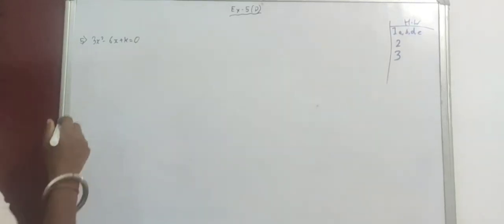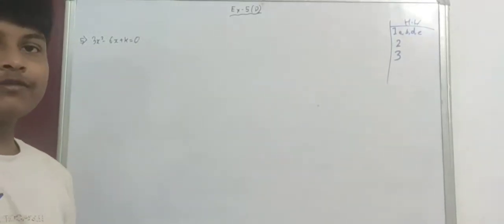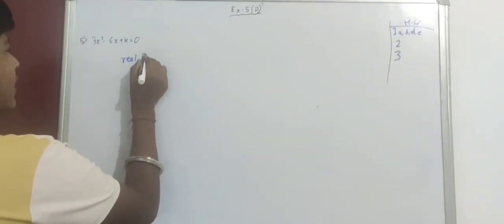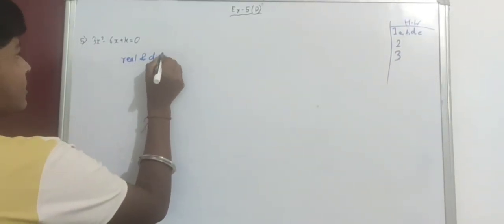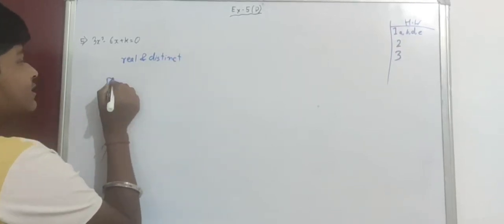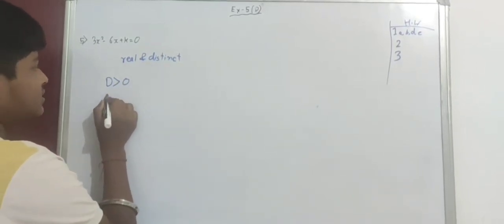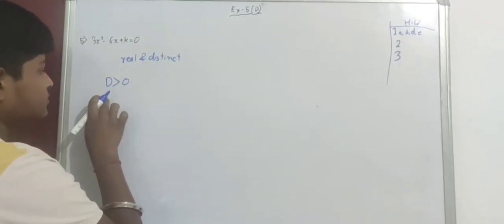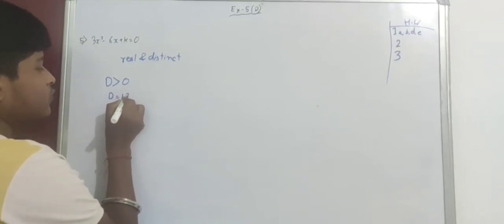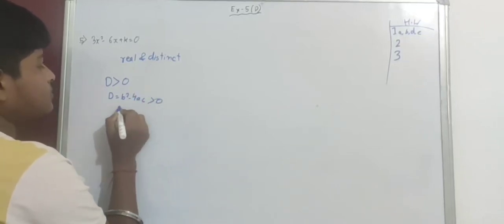Now, following this question, you will have to find the discriminant. In this question, we are given that the roots are real and distinct, which means unequal. So we can say that the discriminant is greater than 0. So discriminant formula is b square minus 4ac, and it is greater than 0.